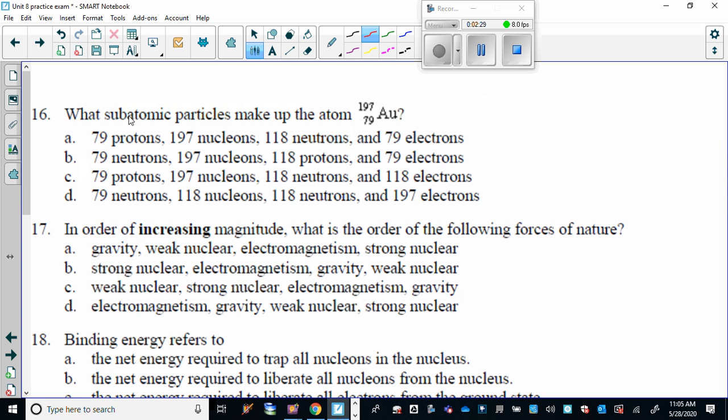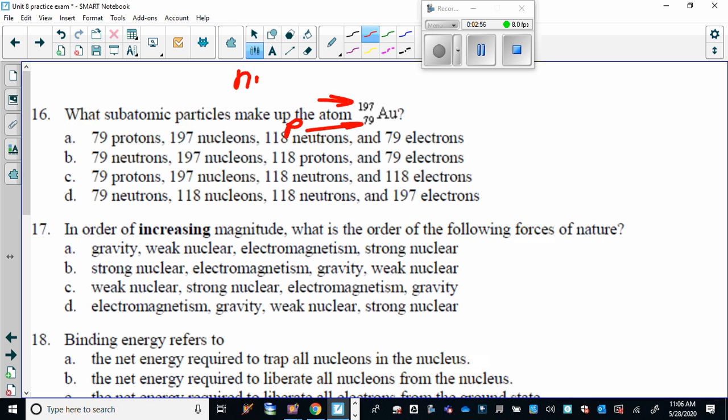16. What subatomic particles make up the atom? Gold, Au, 79, 197. Gold, or sorry, I should say gold-197. So this is for your A value and your Z values. That's the atomic number. That's the number of protons.